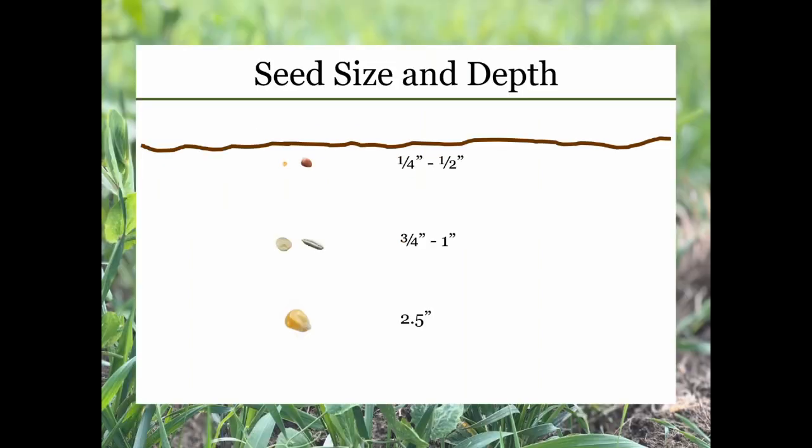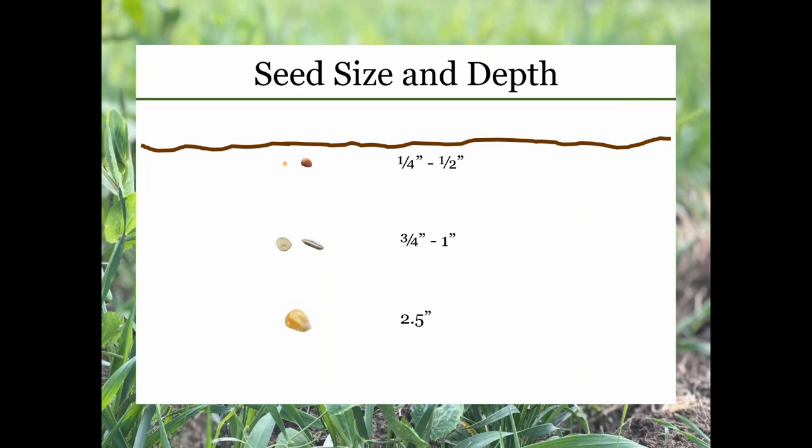So when we look at the seed size between the different species, I don't know if you can actually see it on that first one that's 1/4 inch to 1/2 inch. There's a Timothy seed next to that radish seed. And we need these to be at about 1/4 to 1/2 inch in depth. Then I have the picture of the corn on there, and I like to see people plant their corn at 2.5 inches in depth.